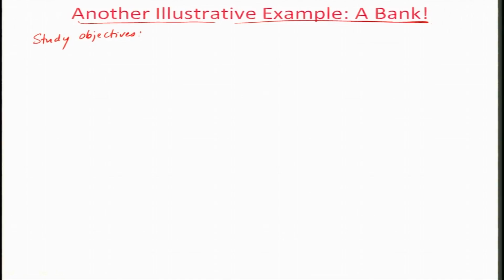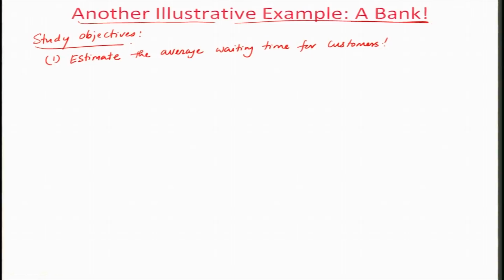So, you want to study a bank, and for the time being our study objectives in this case are, the first study objective is to estimate the average waiting time for customers. Okay. You are interested in finding out the average waiting time, how long does the customer have to wait before getting served. Okay.